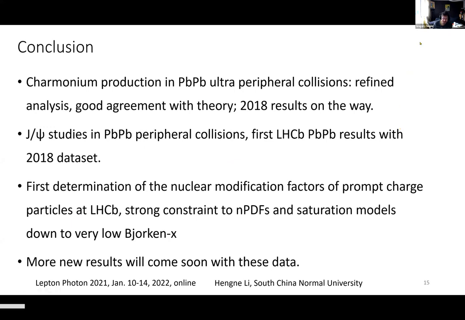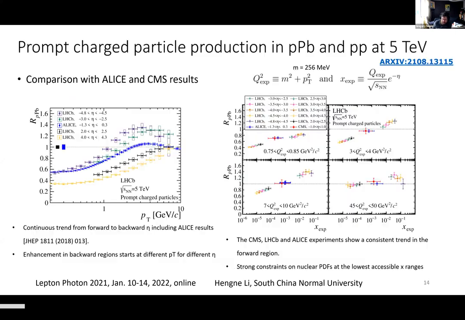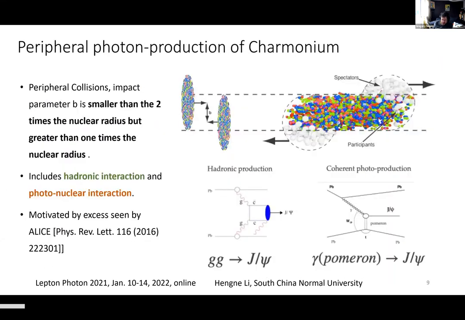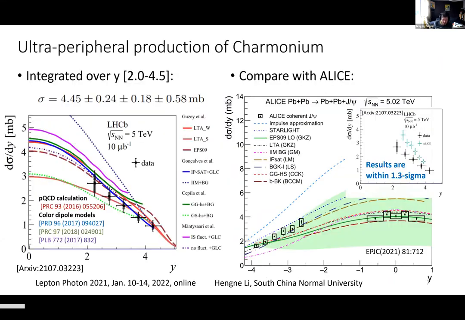I wanted to ask something about the charmonium production. If I understood correctly, your results are a little bit smaller than what ALICE is seeing. Is it an apples-to-apples comparison? Not really.